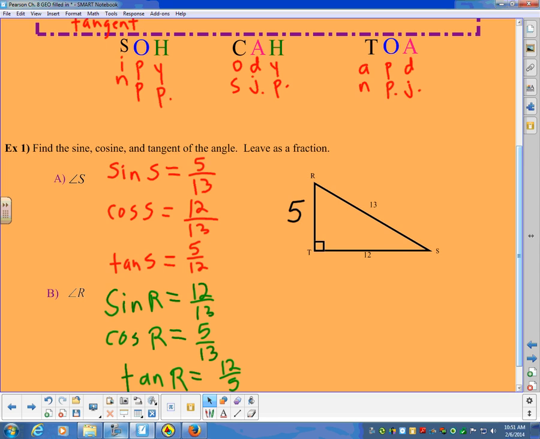Well, sine of t would be the ratio of opposite over hypotenuse, right? If I'm standing at t, what is the opposite? 13. What is the hypotenuse? Yeah, which is 1. That's correct. But we don't ask for the sine, cosine, or tangent of the right angle. We'll be asking for the other two acute angles. I'll show you in the special right triangle how this relates to special right triangles a little bit later. So any questions on this?